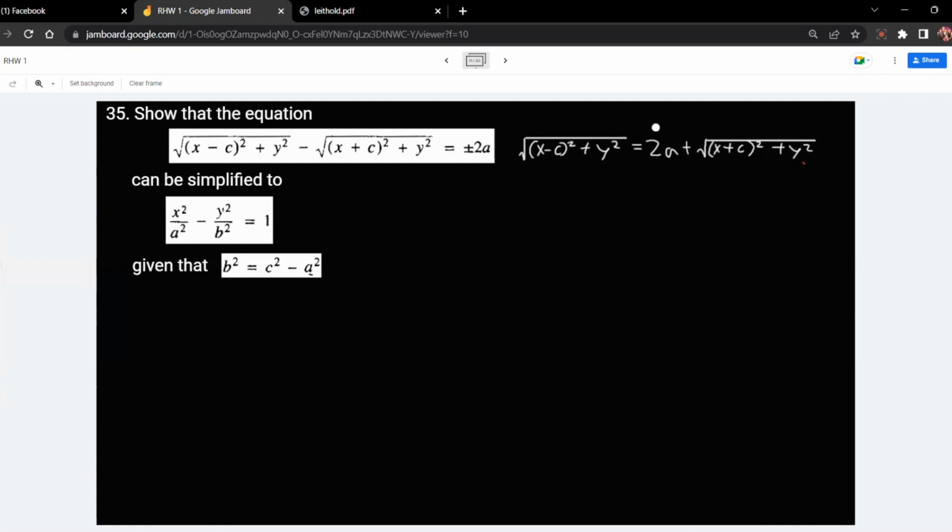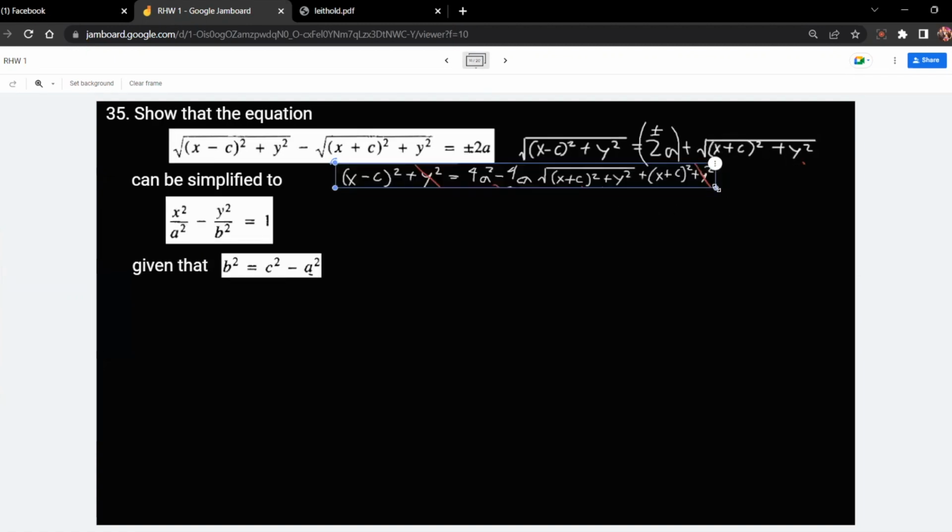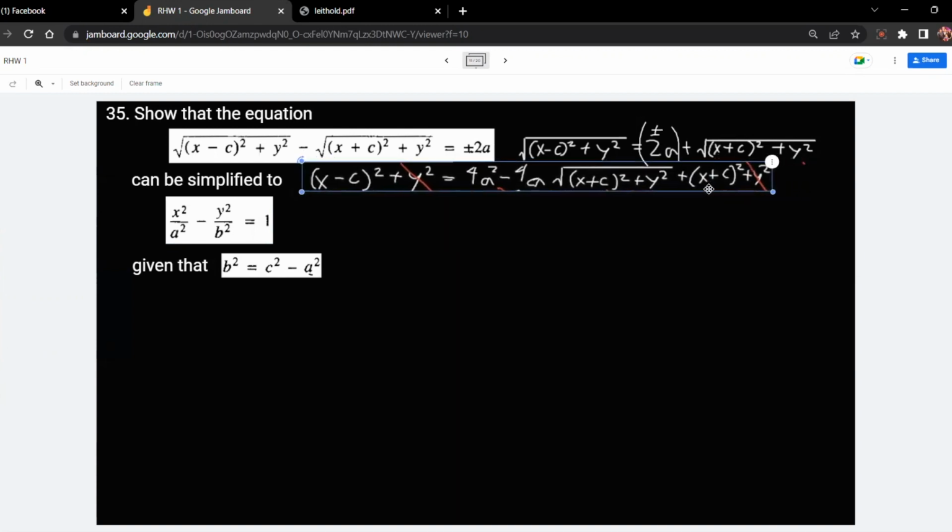And then if we square this, so 4a squared plus or minus 4a square root of x plus c squared plus y squared.